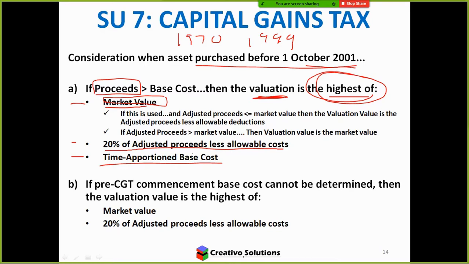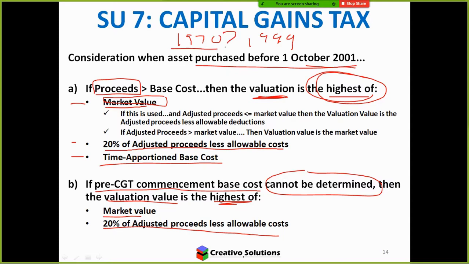Then if it's pre-CGT commencement, in other words before, and you cannot determine the costs, then the valuation value is the highest of the market value and 20% of the adjusted proceeds less allowable costs. So this is pre-CGT commencement and the base cost can't be determined, so you don't know how much you bought the property for. 1970 is a long time ago.